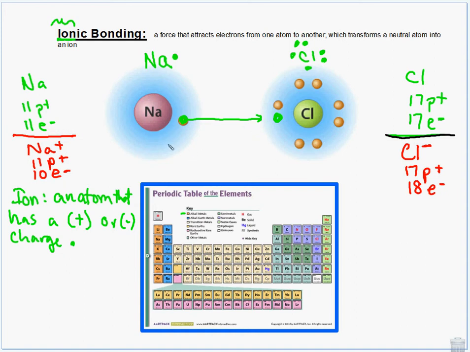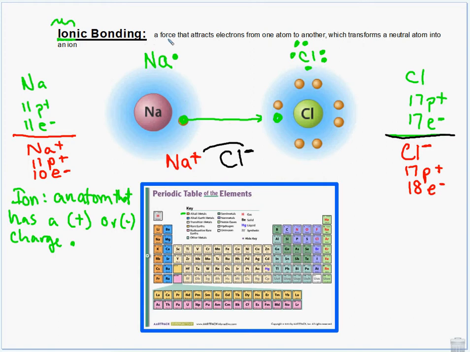And we know, like a magnet has a positive end and a negative end, positive sodium and negative chlorine. These two forces attract, and that is what we call an ionic bond.